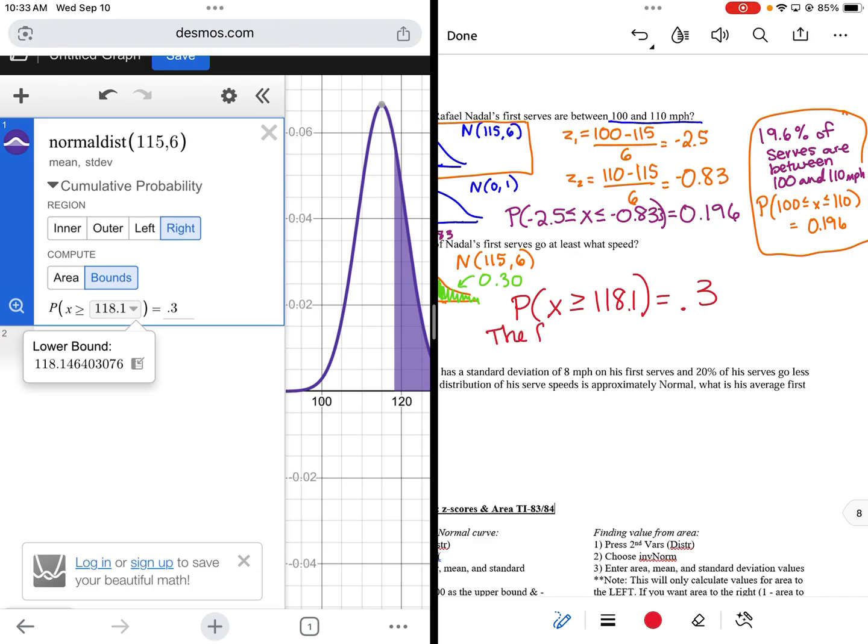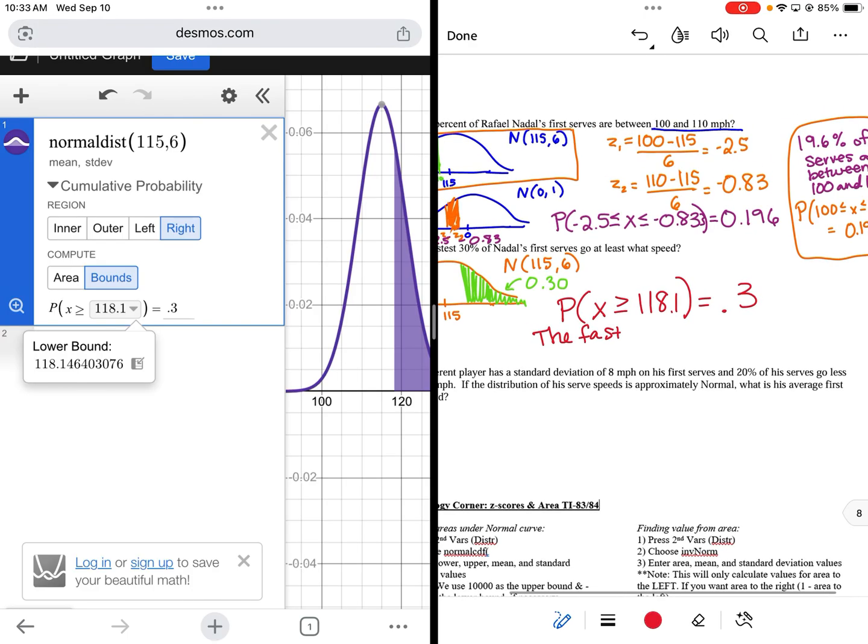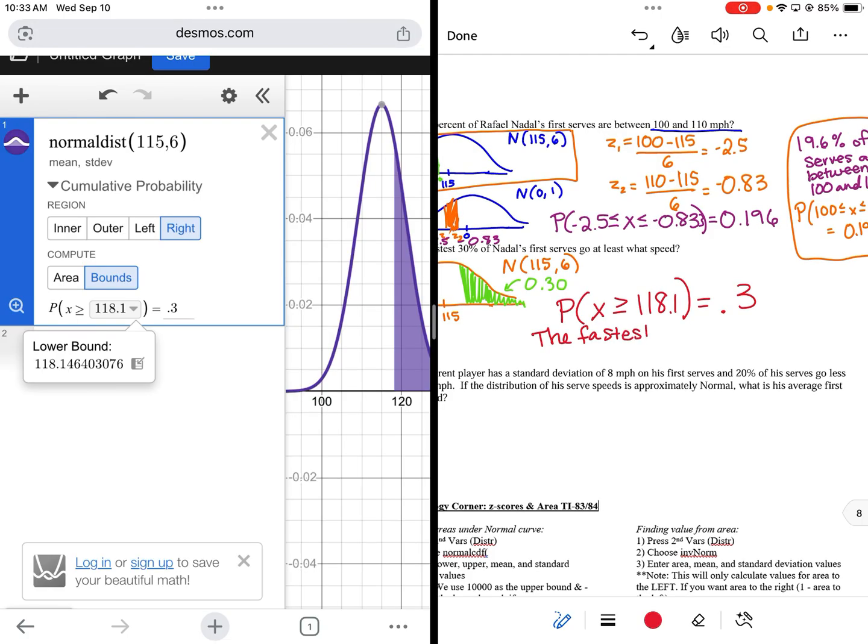So the fastest 30% of first serves go at least 118.1 miles per hour.